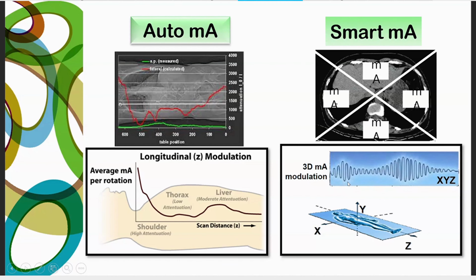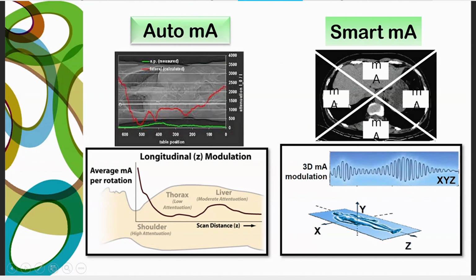And next, use of auto MA and smart MA. Smart MA and auto MA are techniques used in the CT modality which can reduce the dose. Auto MA is basically a principle of attenuation profile created by the scout image, and it will alter the MA for each 360 degree rotation of the gantry.